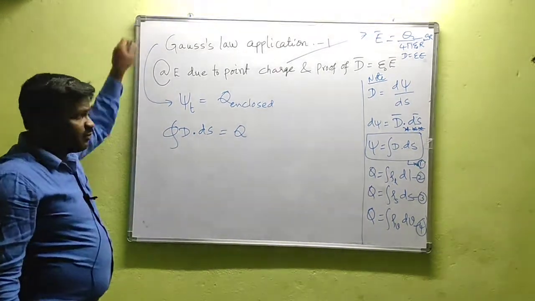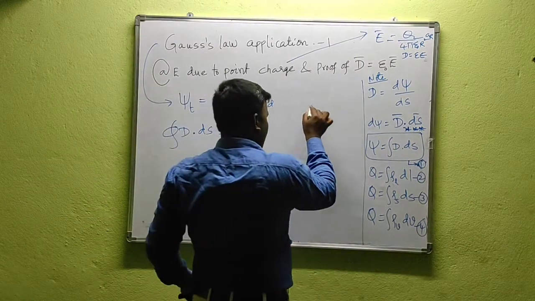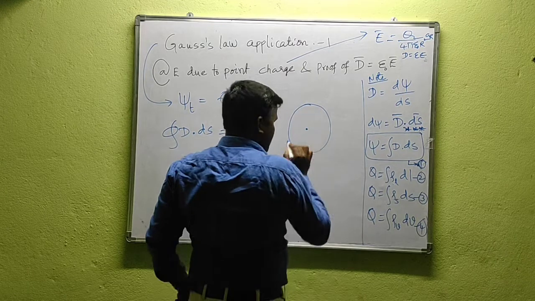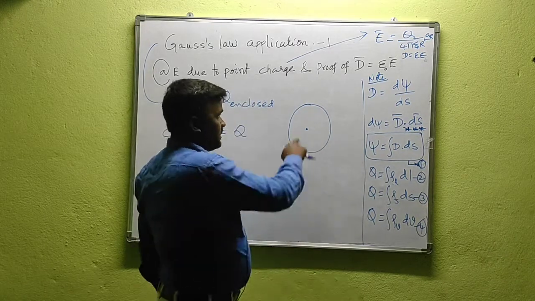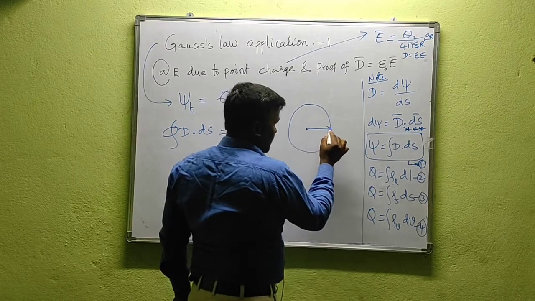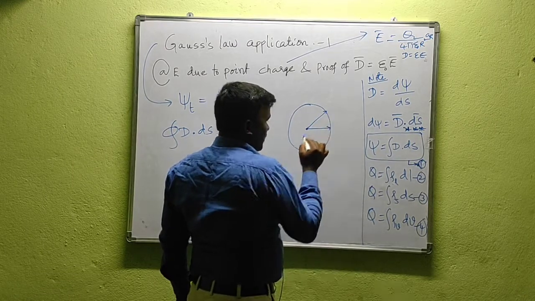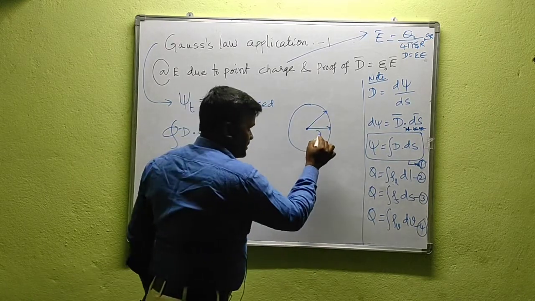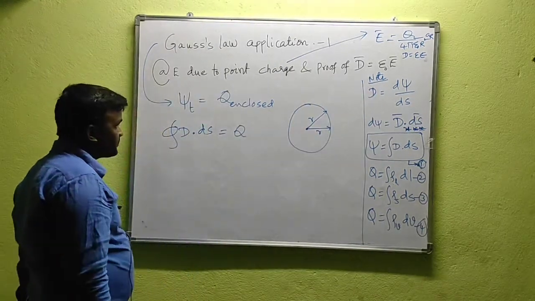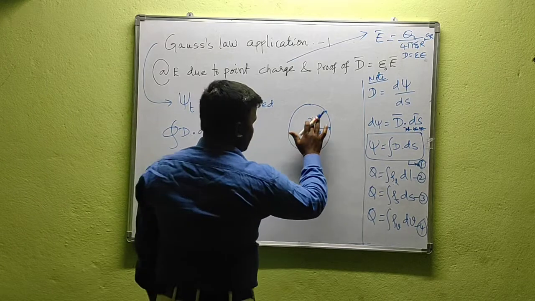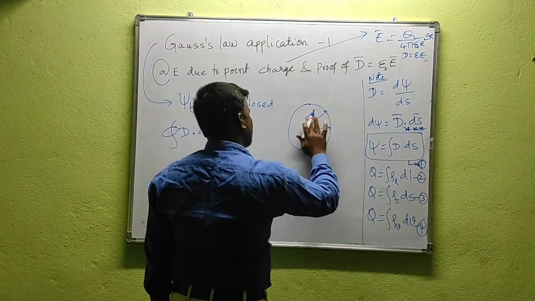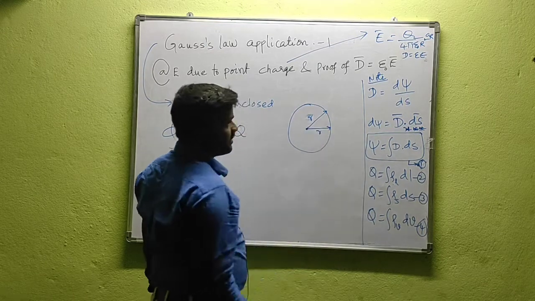Now let us consider a point charge located at the center of the sphere. Let us assume this is the sphere of radius r. We can take capital R or small r.